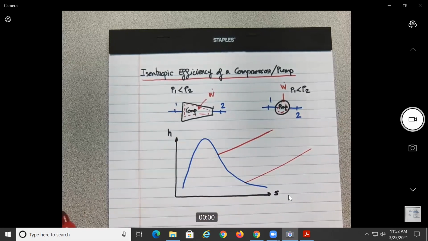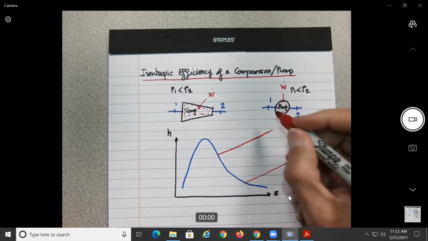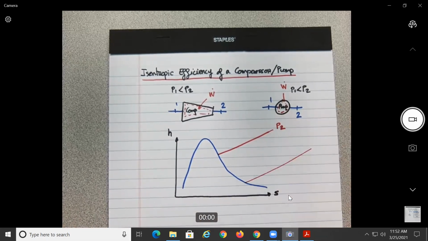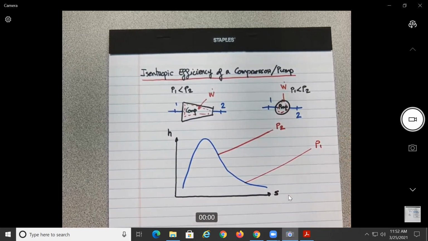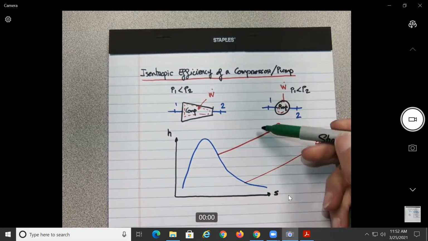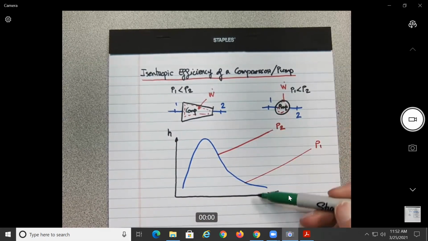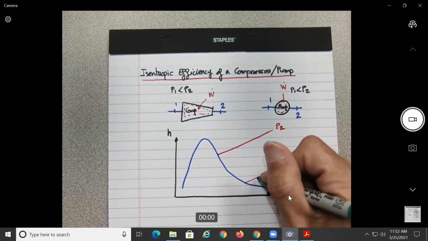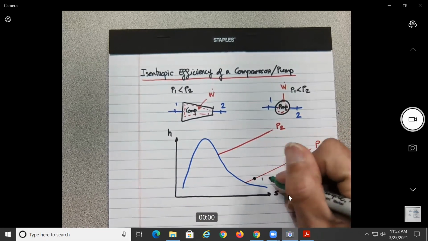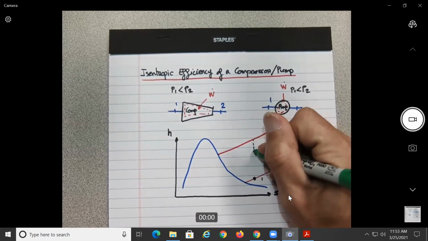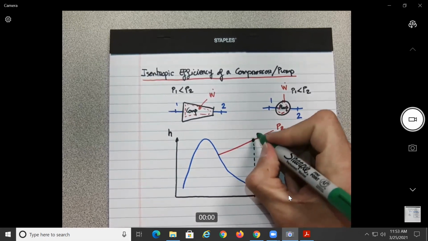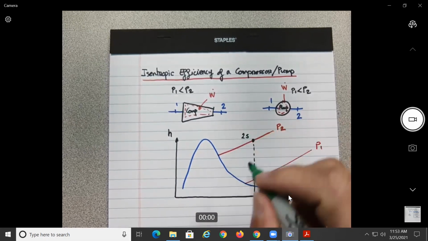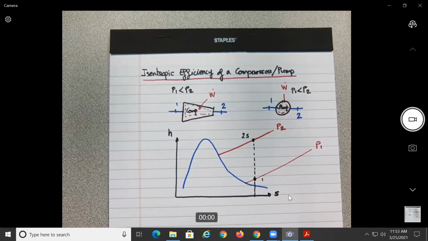P1 was higher than P2, no? In this case, P2 is going to be the one on top, and P1 is going to be the one at the bottom. So now instead of going up to down, we go down to up. Let's say we are here at 1, and the process is isentropic. This should be 2s, no?